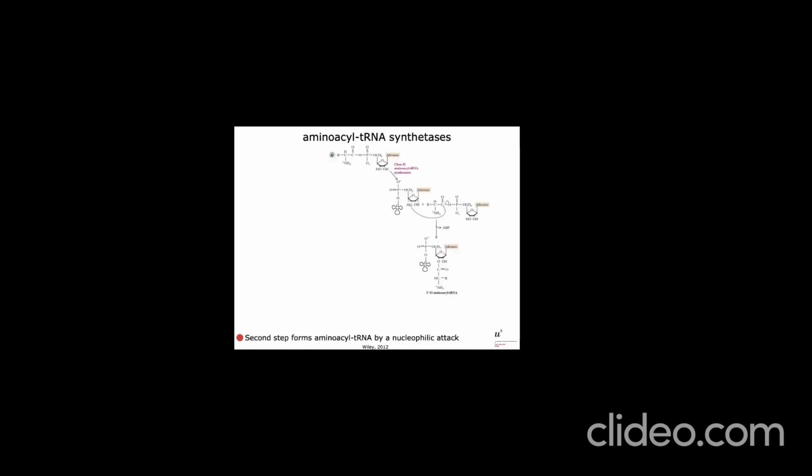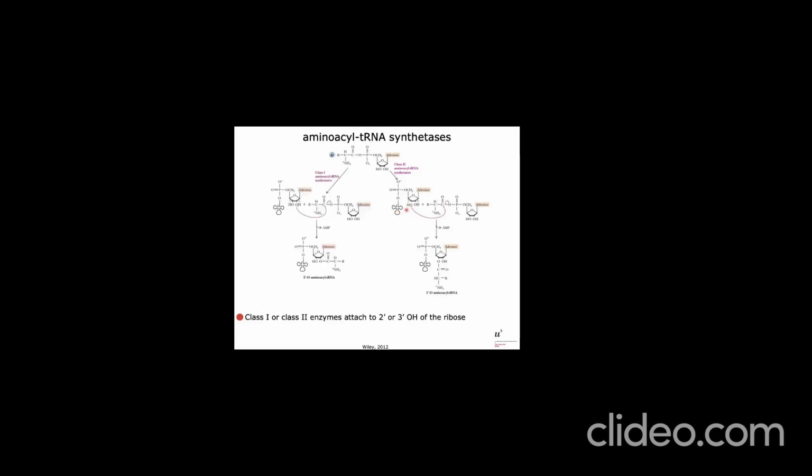Now, let me jump a couple of slides back where we started. What I've told you is that you have a nucleophilic attack, which will lead to the charging of the tRNA. And this can either be in the position 3 of the sugar in the class 2 enzymes, and a similar reaction can also target position 2 in the class 1 amino acid synthetases.